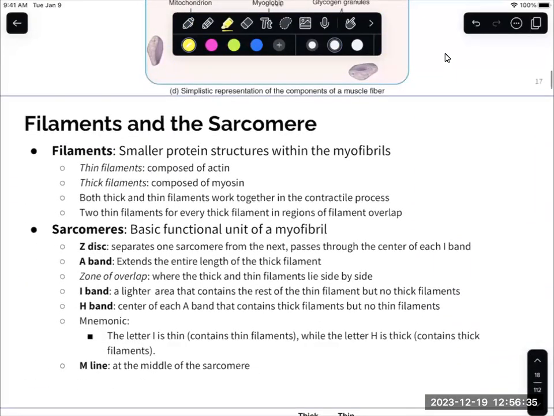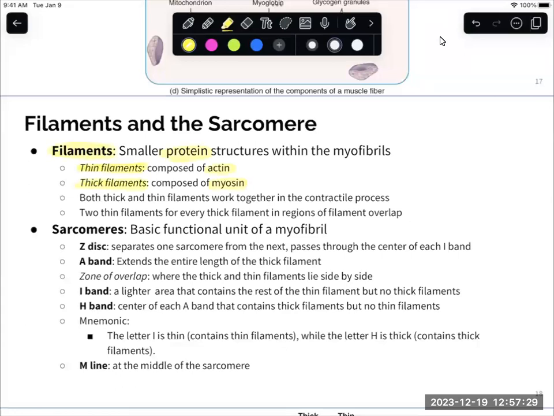So now we're going to go into these myofibrils. Our myofibrils are made up of filaments. These filaments are proteins. We have both thin filaments and thick filaments. These thin filaments are actin. These thick filaments are myosin.